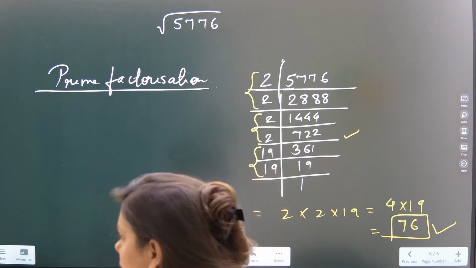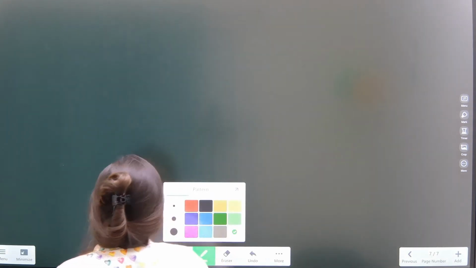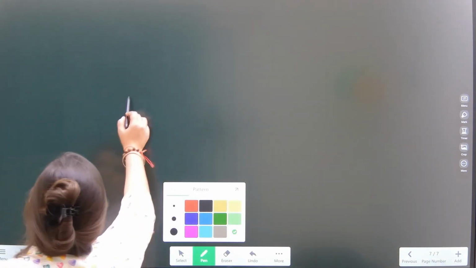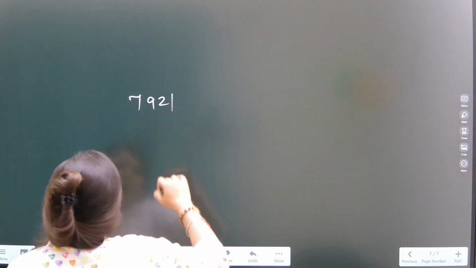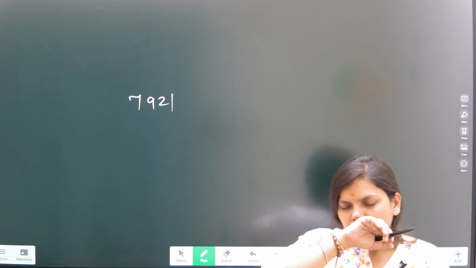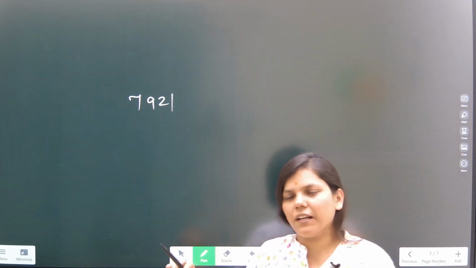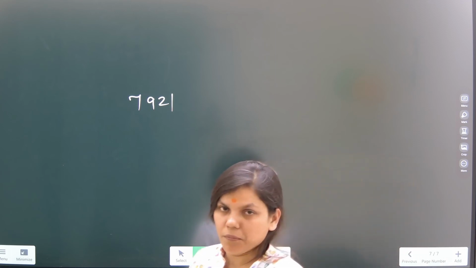Okay, I'll give you another example. I'll show you. Say for example, I'll give you one number, 7921. If I want to solve this with the help of prime factorization, it will consume a lot of time. Why?